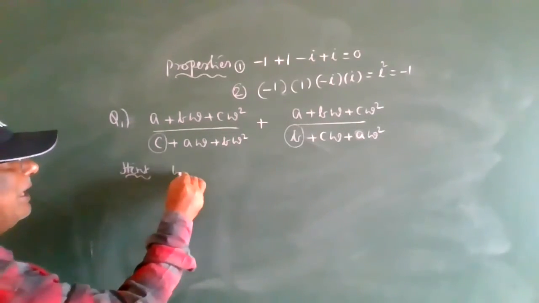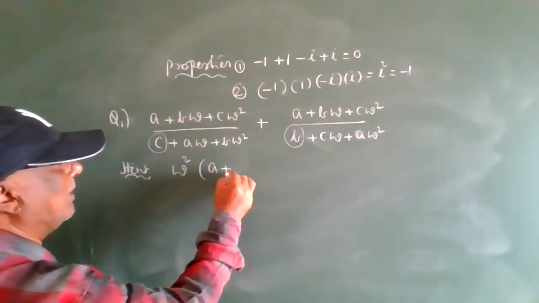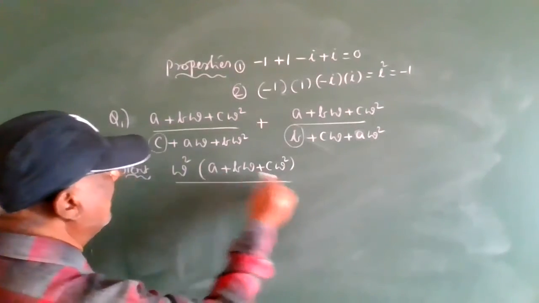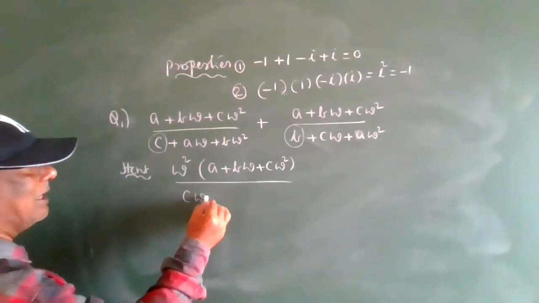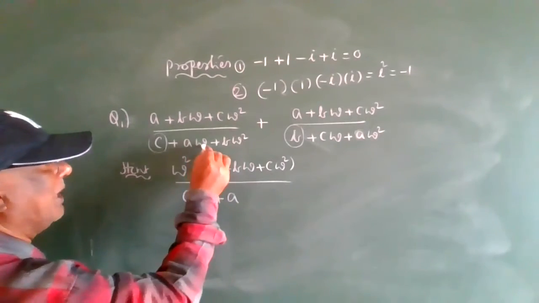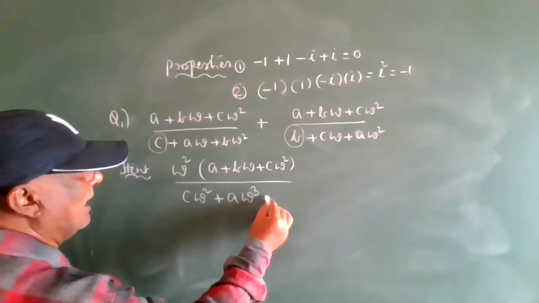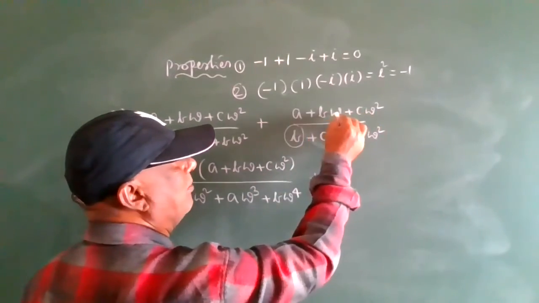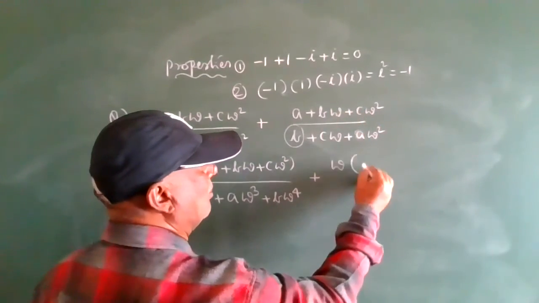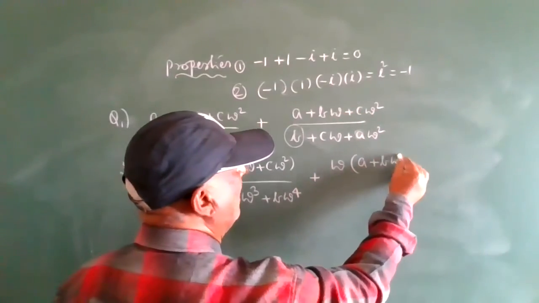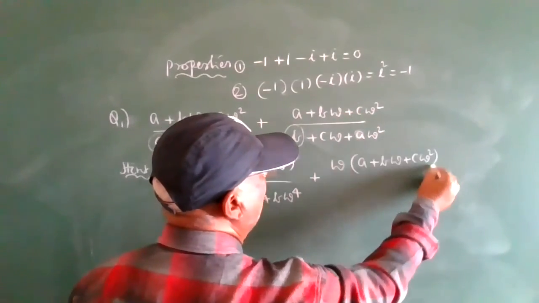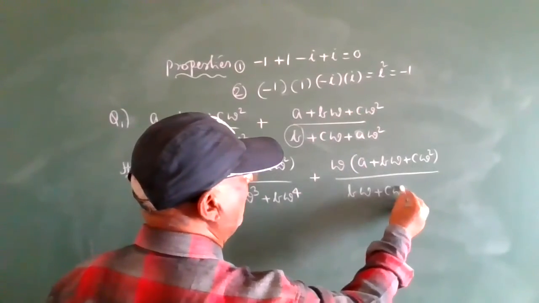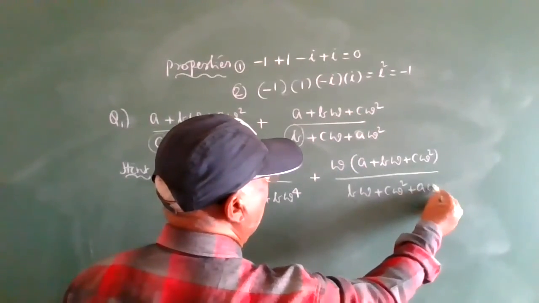So here is omega square into a plus b omega plus c omega square. In the denominator, directly multiply: c omega square plus a omega square into omega cube plus b omega power 4. In the second term, the constant is b, multiply with omega: a plus b omega plus c omega square by the denominator, directly multiply: b omega plus c omega square plus a omega cube.